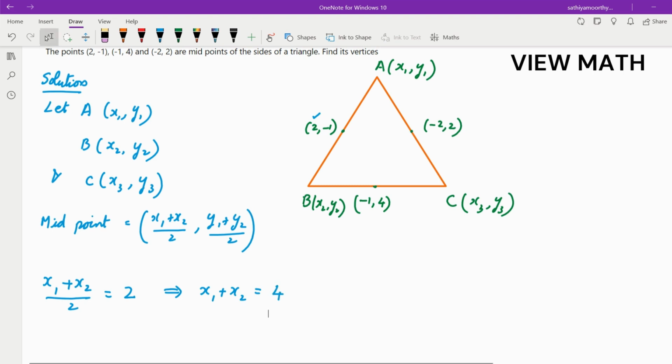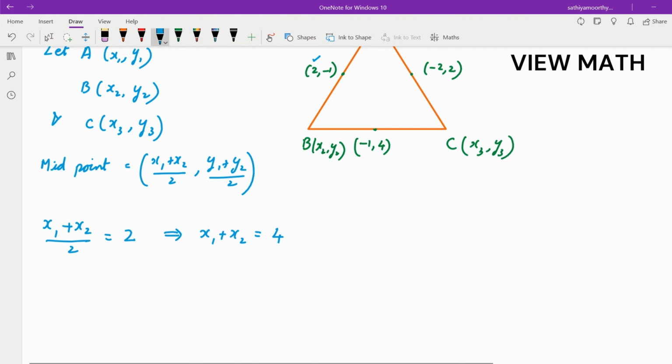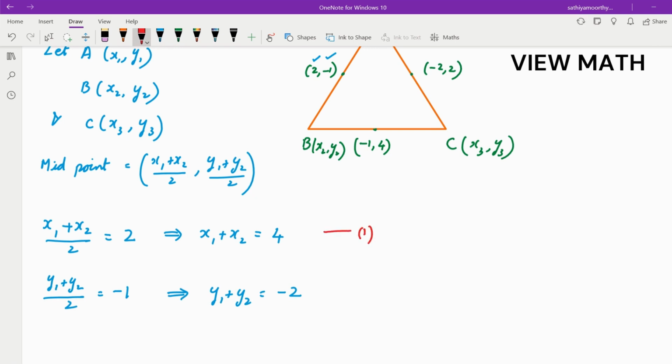Now let me write the y coordinate. (y1 + y2)/2 is equal to the y coordinate, which is -1. This implies y1 + y2 = 2 into -1, which is -2. So now let me name the equations. This is equation 1 and this is equation 2.